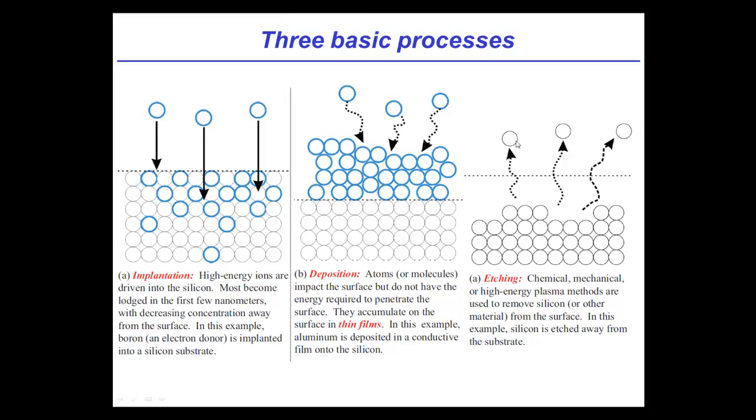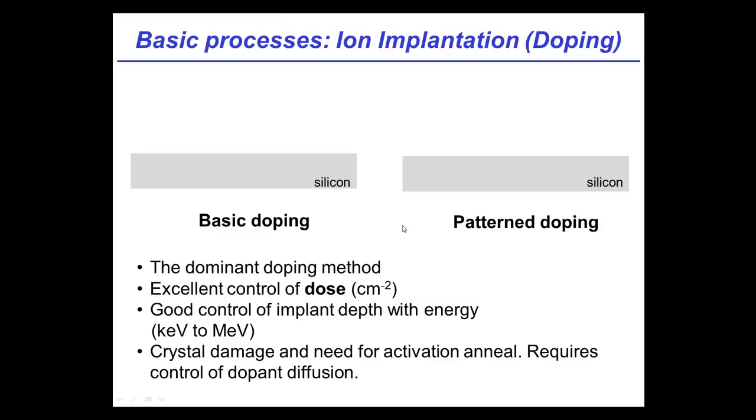You don't immerse it in a liquid, you just have an ionized area or plasma area with high energy atoms or molecules, and they will react with the surface of the material, say the silicon for example, and essentially carry it away into the gas phase. So these are three fairly simple modules, and we're going to show you details about all of them in the next few slides, and then we're going to bring it all back together and give you an example of how you can use everything to make a diode, which is a simple nonlinear device.